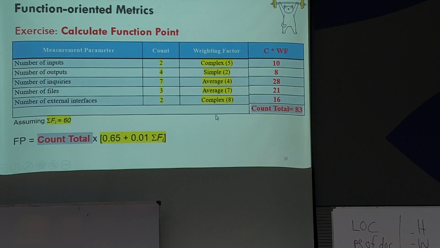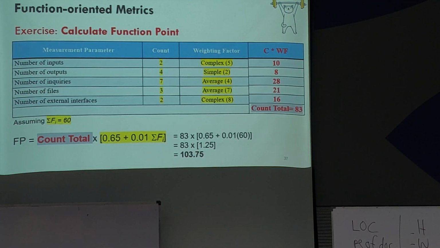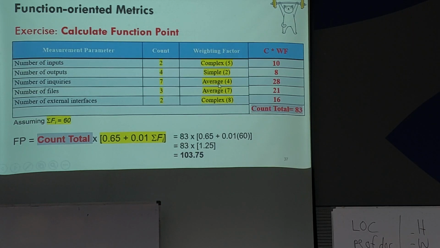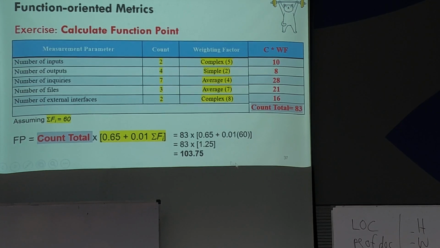Now you can apply the formula. Function point is count total times 0.65 plus 0.01 summation Fi. In this case, for this system, the total function point is 103.75. So in the exam or past year exams, if you are told to assume summation Fi is 60, then you apply the formula and you get the function point.